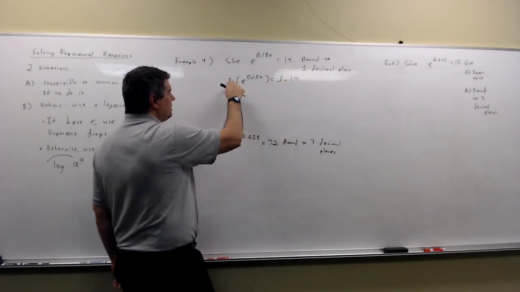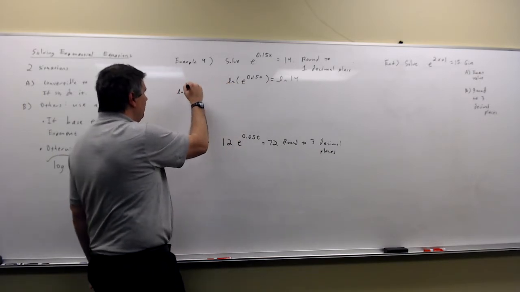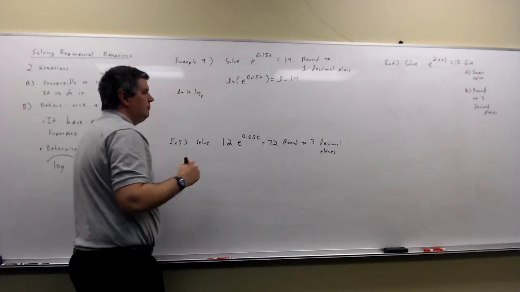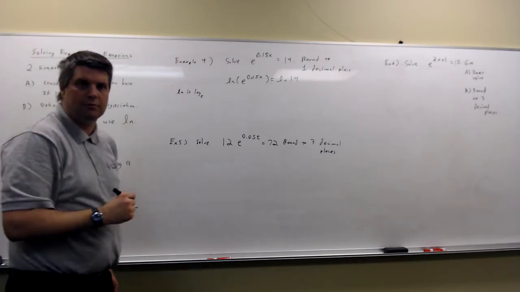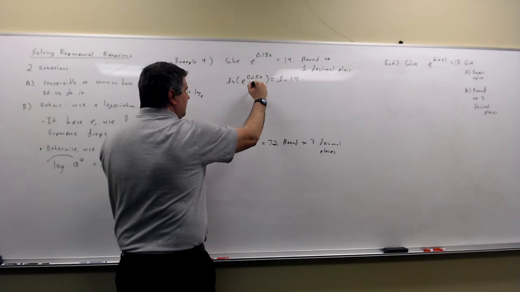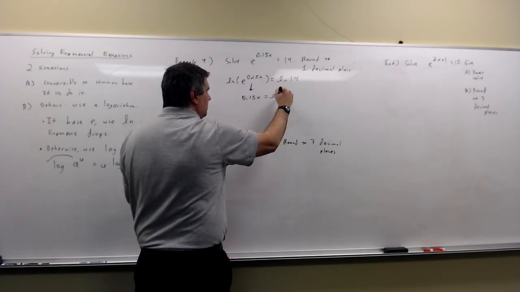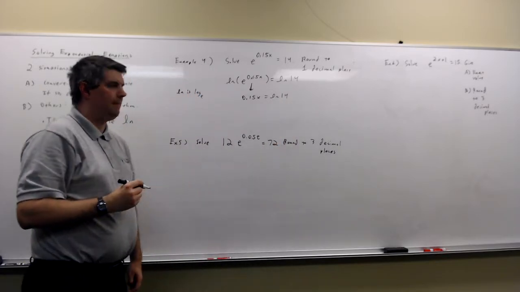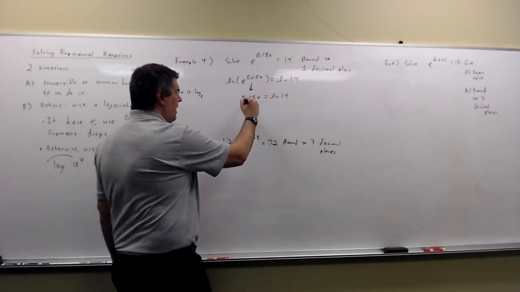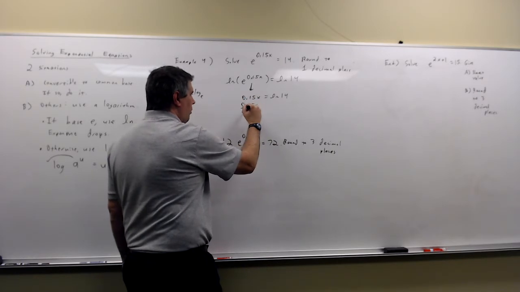Now, this is equivalent to log base e. ln is log base e. So, log base e of e to a power simply takes the exponent out of the exponent.